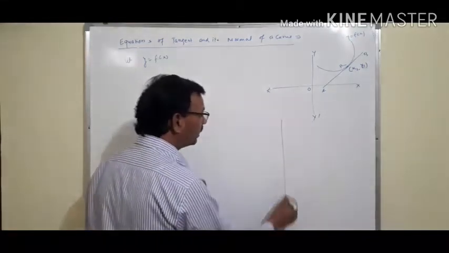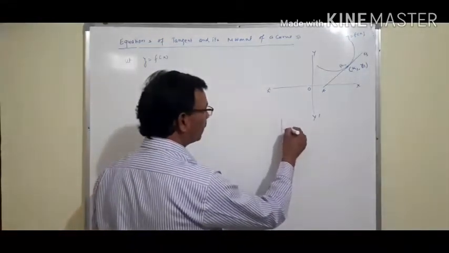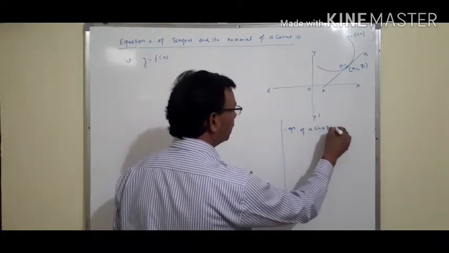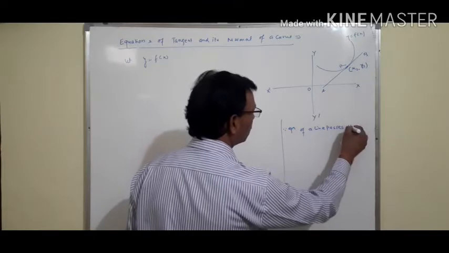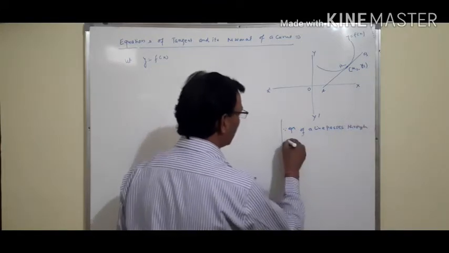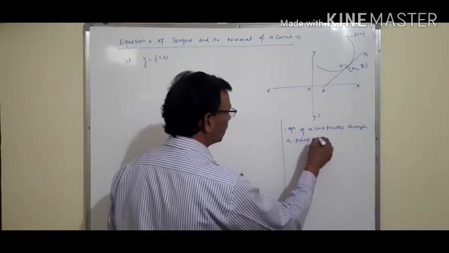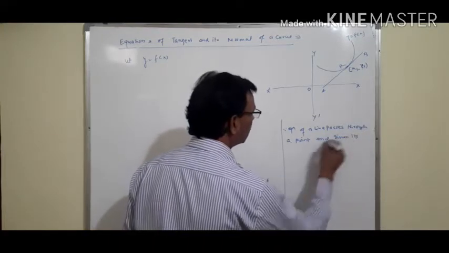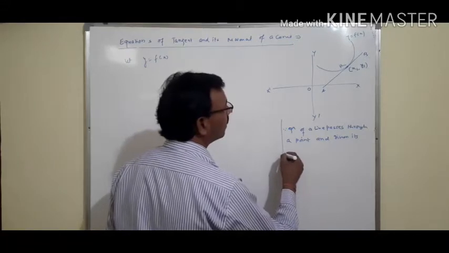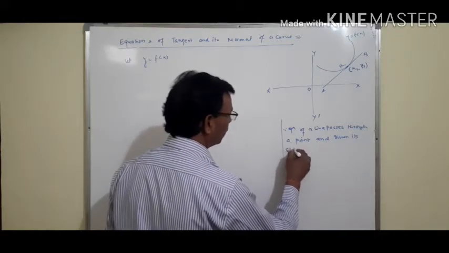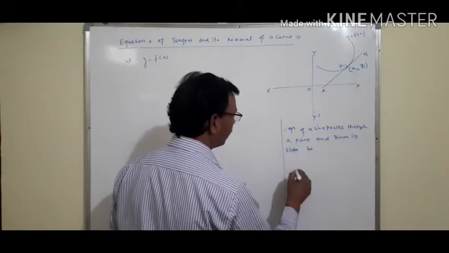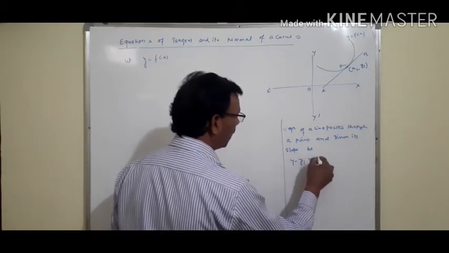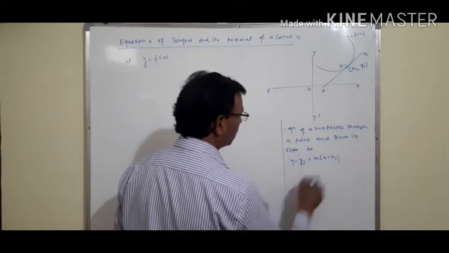As you know that the equation of a line passing through a point and given its slope m is y minus y1 equal to m into x minus x1.